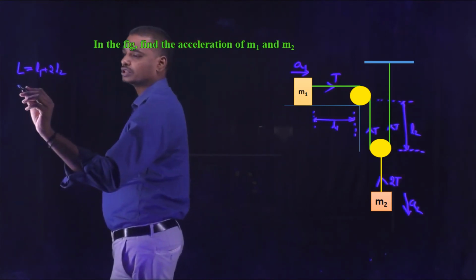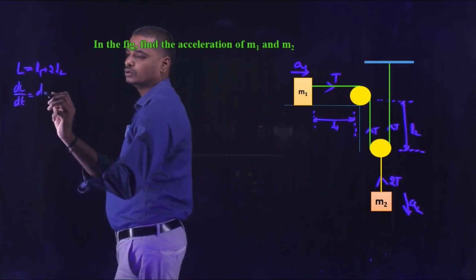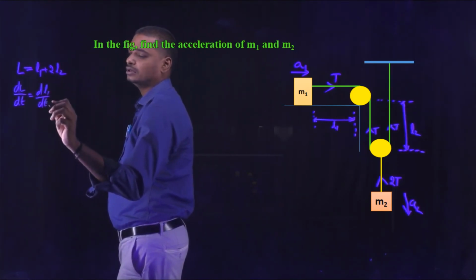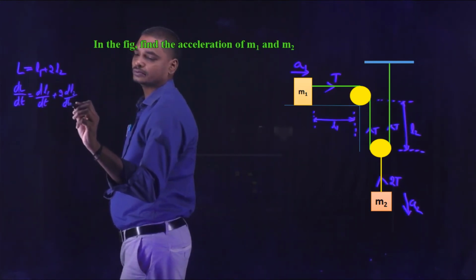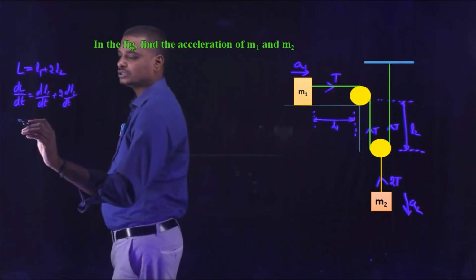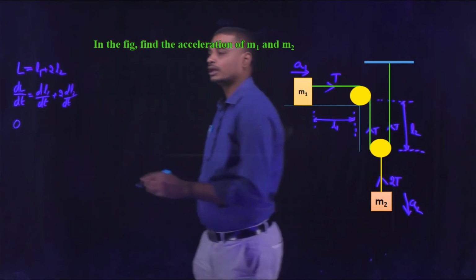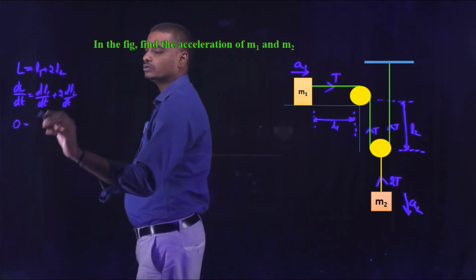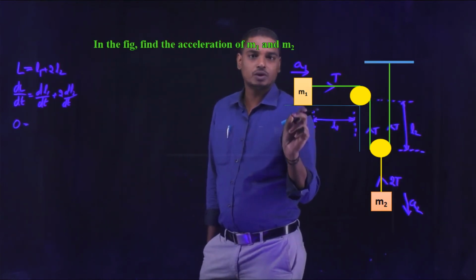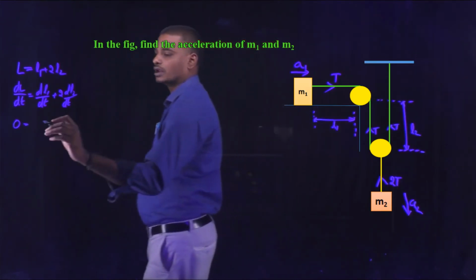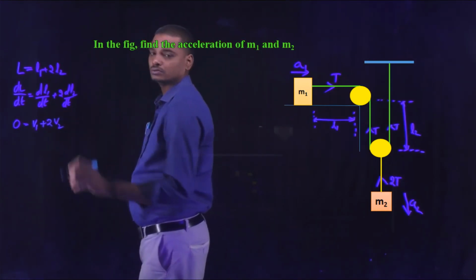So differentiating with respect to time, dL/dt is equal to dL1/dt plus 2 into dL2/dt. dL/dt is 0, as the rate of change of length is constant with respect to time. dL1/dt is the velocity of the block, v1, so 0 is equal to v1 plus 2v2.